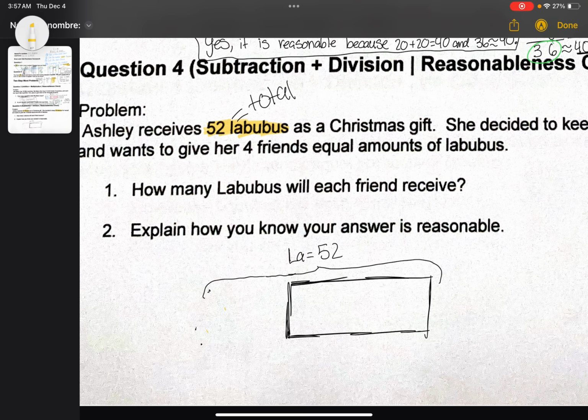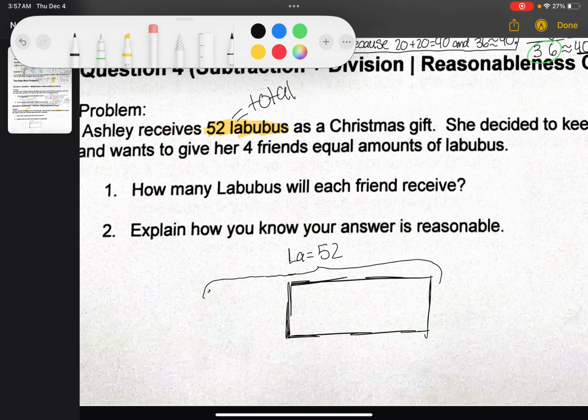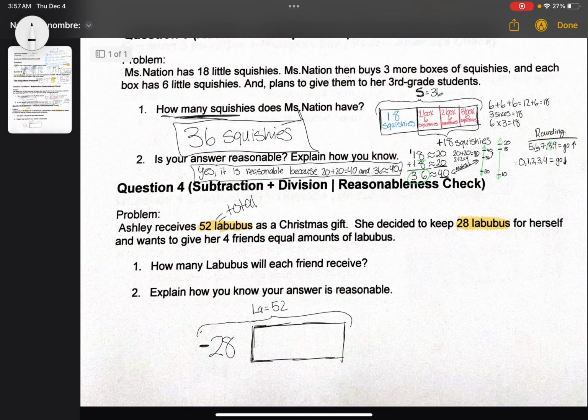So, because these are not part of the Labubus she's giving away, we are going to put minus 28. Because those are the Labubus she's going to keep for herself. She's not giving those away.